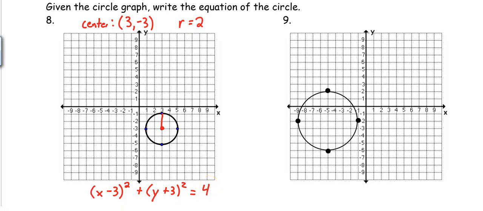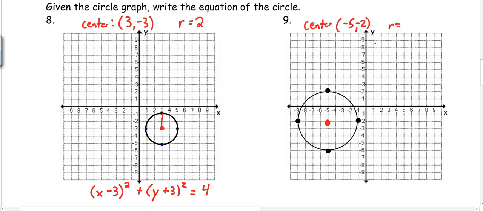In number 9, it's a little bit harder because they don't give us a center. So I just need to see where a line between my two diameters would meet. So this would be my center point. So now that I've identified my center point, the coordinate of my center here is -5, -2.